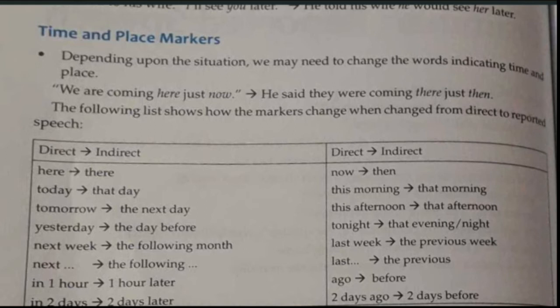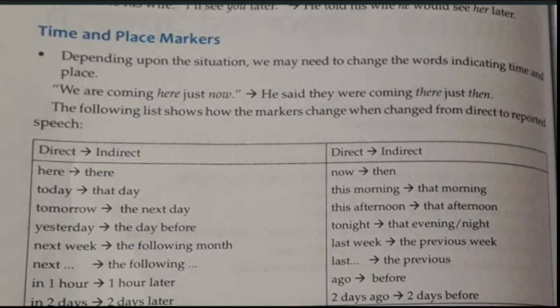So here becomes there, then today becomes that day in indirect speech. Tomorrow becomes the next day. Yesterday becomes the day before. Next week becomes the following week. Next, the following. In 1 hour, you can say 1 hour later.